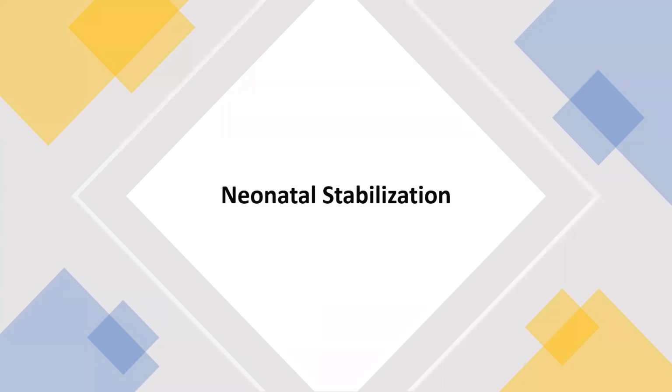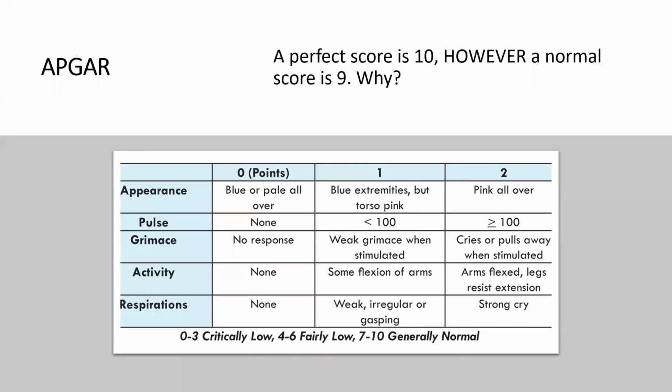All righty. Neonatal stabilization, all of that whole stuff has now ended. Now we're talking about the baby. We've already talked about the APGAR here, but a perfect score is 10. However, a normal score is 9. There's one more that would be the definition of why, and I'll draw it on the board.